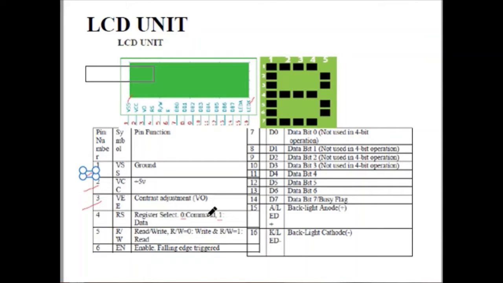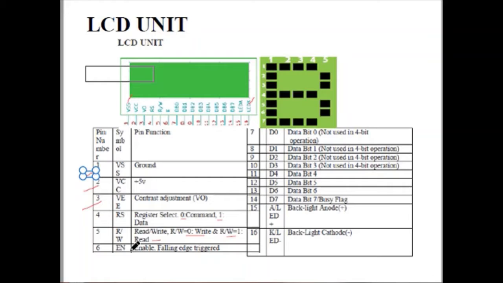To use the command lines, the register select value should be 0, and if you want to send data to be displayed on the LCD, then the RS pin should be equal to 1. Then we have the read/write pin. If it is 0, it performs a write operation. If it is 1, it performs a read operation.